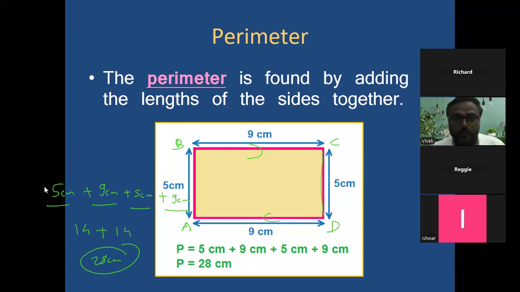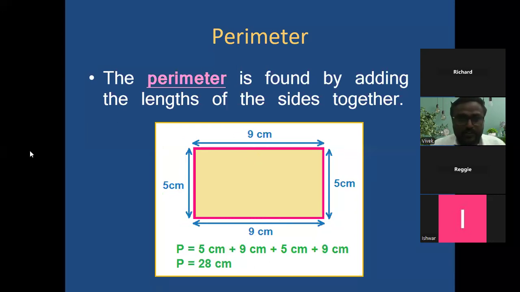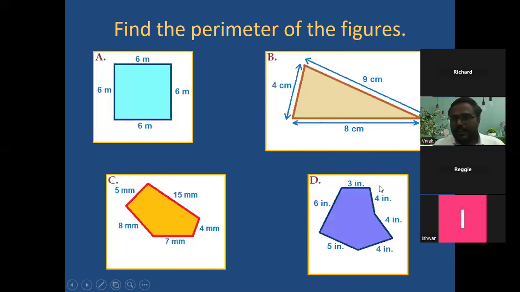Now, let us move on to solving some questions. Guys, I'm going to solve the first two, then I'm going to give the difficult one for you to solve. In figure A, I can clearly see it is a square.